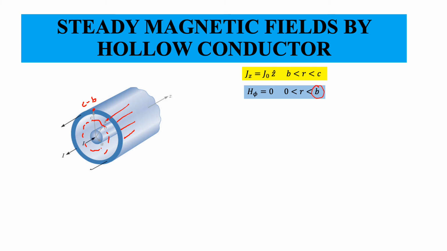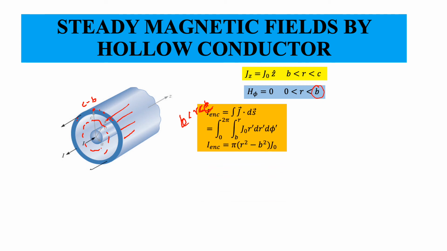Now, after b, let us say at a distance of r, such that r is between b and c, where r is greater than b but less than c, what would be the total amount of current enclosed here?